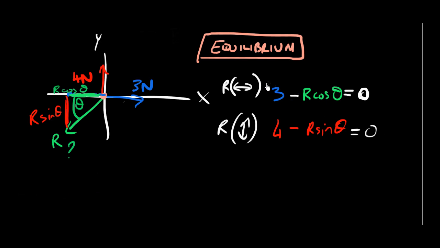So now we can combine these two equations to find out R and theta. And since that's going to be simultaneous equations, let's write them all in here. Minus R cos theta is equal to 0.